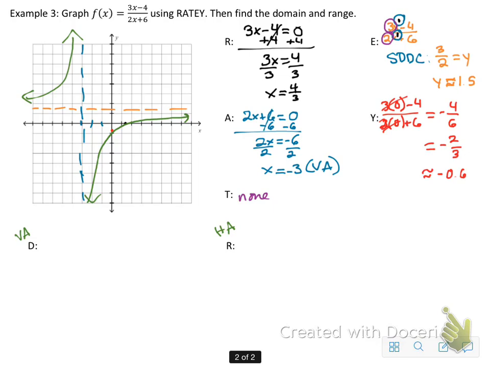So we go from negative infinity to our vertical asymptote, which was negative 3, union negative 3 to infinity, because these numbers are always the same. Then our range is negative infinity to our horizontal asymptote, which in this case was 3 over 2, union 3 over 2, same number, to infinity, because these are the same.